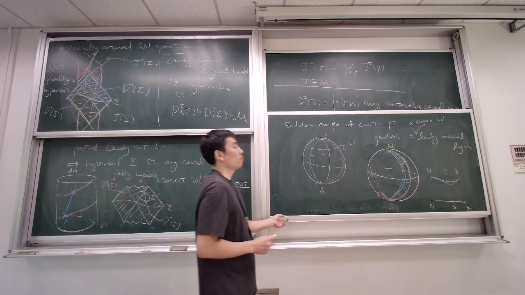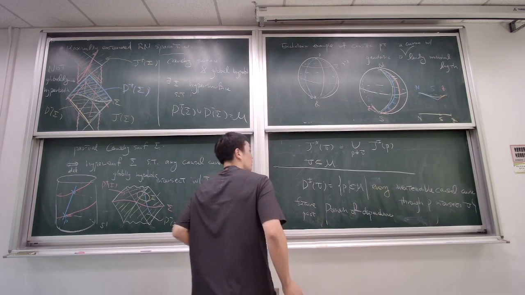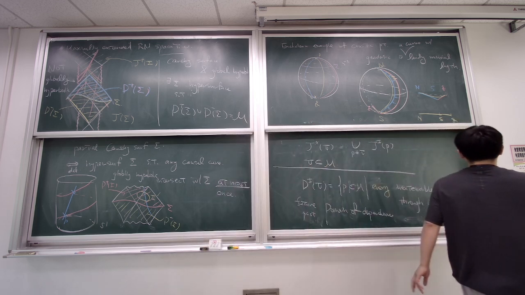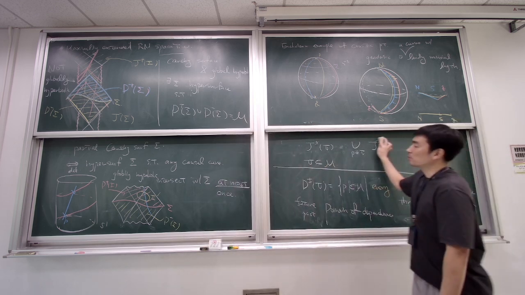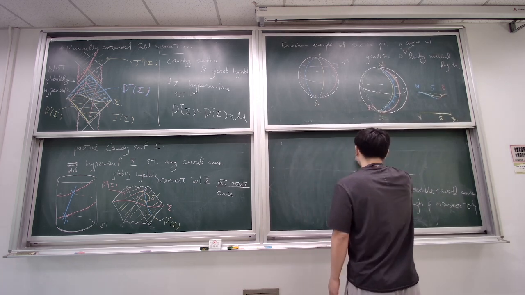So this is the important part of the theorem of Penrose and Hawking: how to prove this one. The same thing happens in Minkowski space.